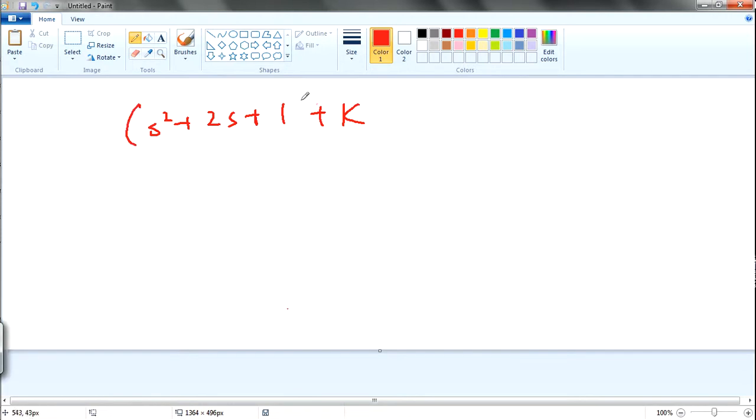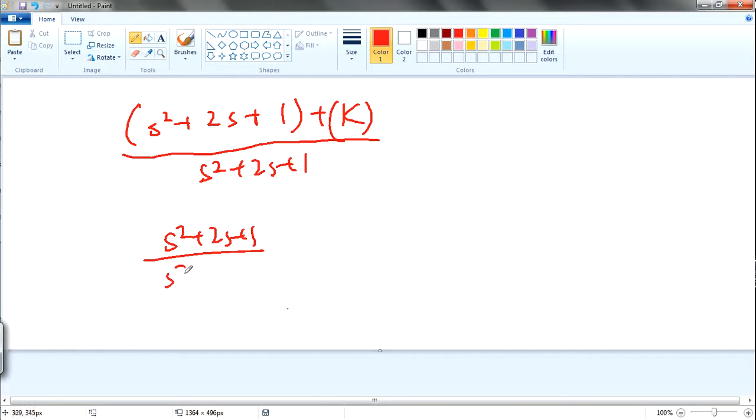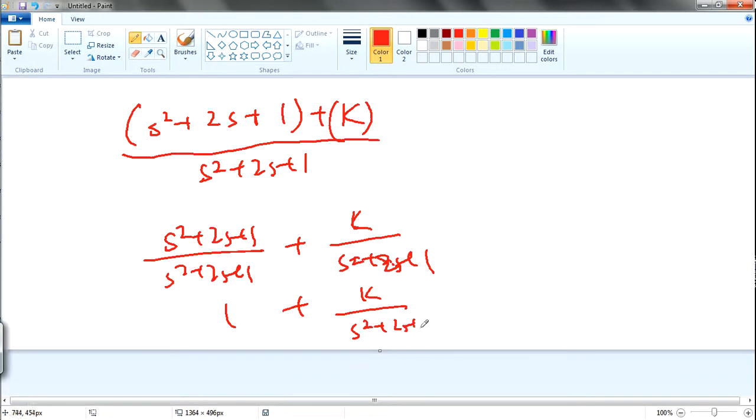To change it to an open loop transfer function, what you need to do is divide the whole equation by s squared plus 2s plus 1, everything by this one. What you'll get is 1 plus k over s squared plus 2s plus 1.